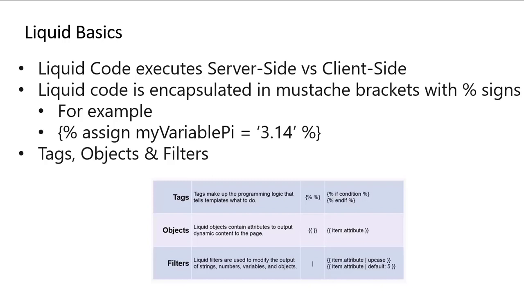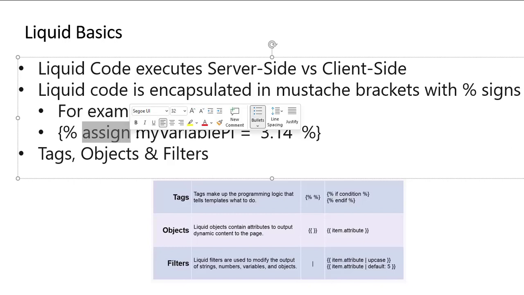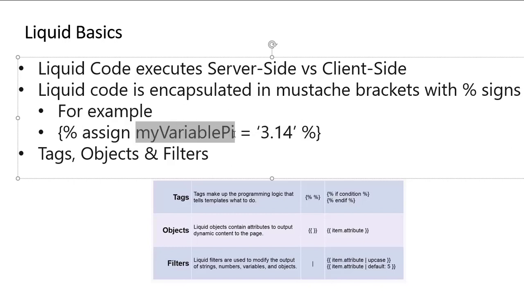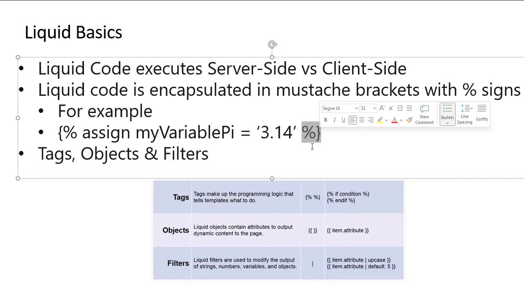Some Liquid basics. Liquid code executes server side versus client side. Our Liquid code, you'll see it's encapsulated in curly brackets with percent signs. In this example, you can see we've got a simple Liquid statement that opens with a curly brace and percent sign, and then we have an assign, and we have a variable name, my variable pi, and we're assigning my variable pi a value of 3.14, and then we close that.